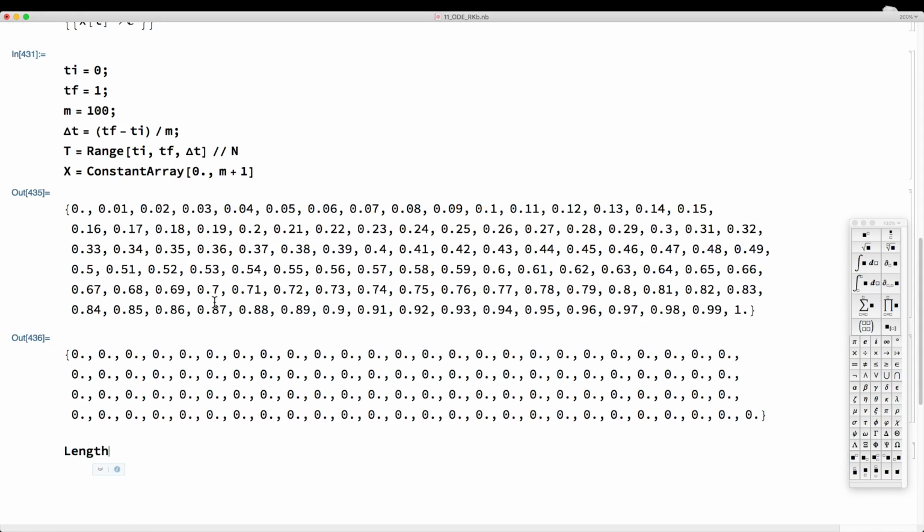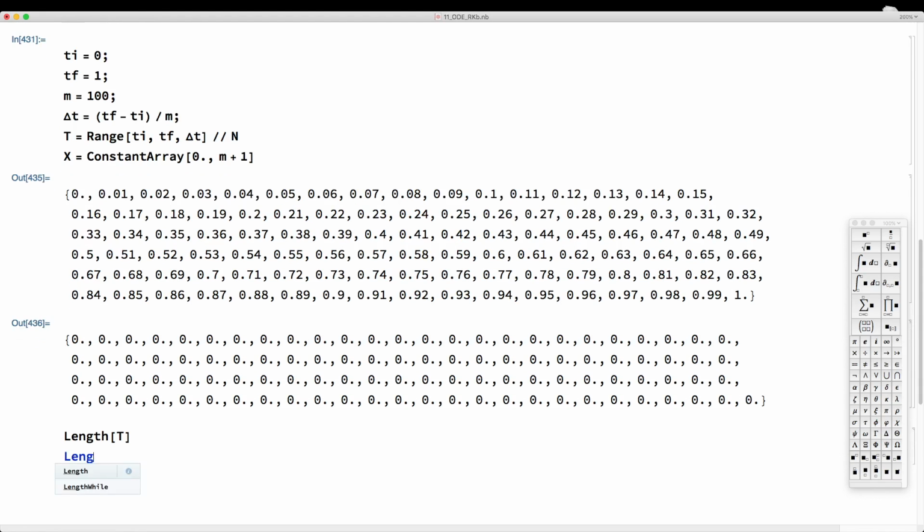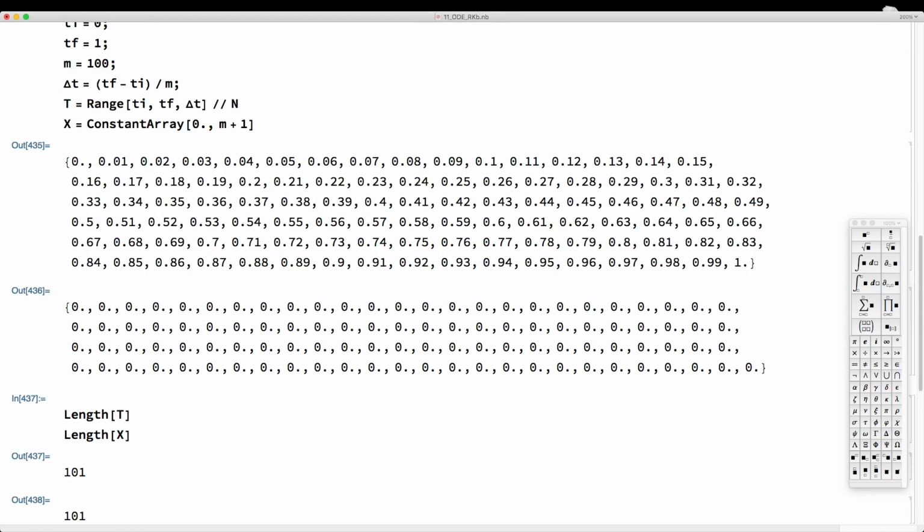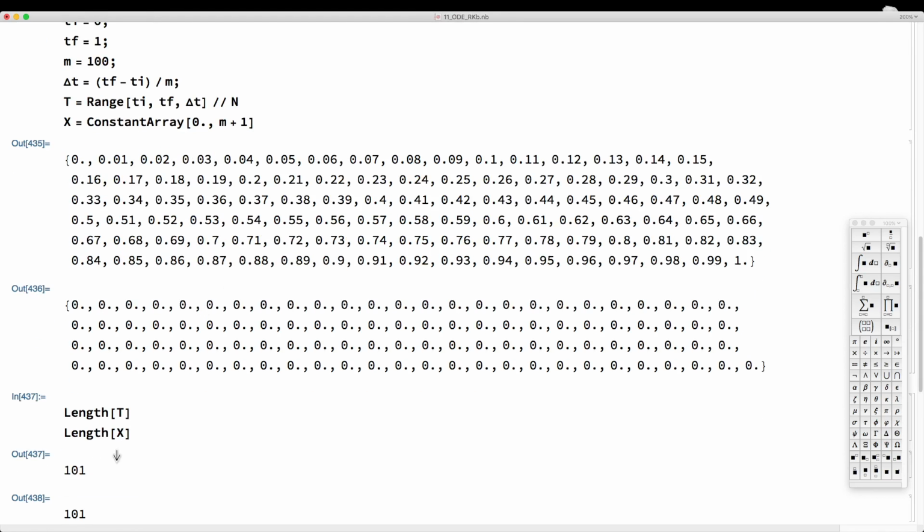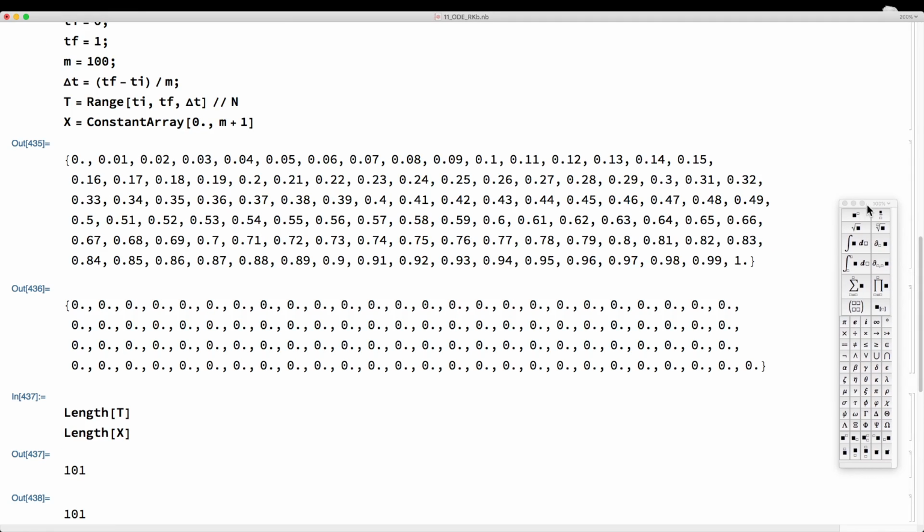So if I use length of t and then length of x we can check that they're both given by 101. Okay, so m is the number of spaces that we divide by, and that's 100, but the number of time steps is 101.